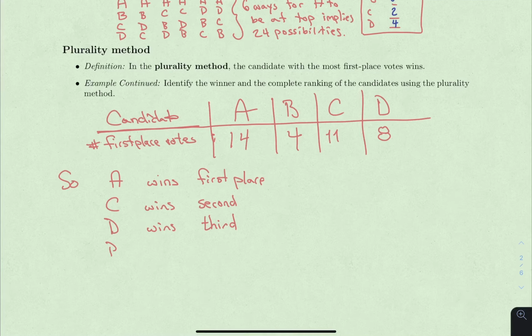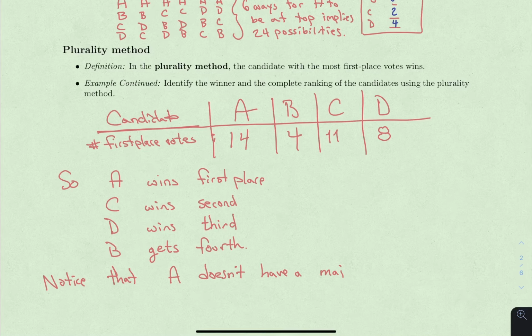And B, I guess you don't really win, you maybe just get fourth. So notice that A doesn't have a majority of the votes. But we still say that A wins.